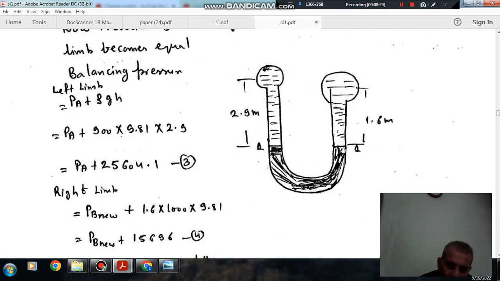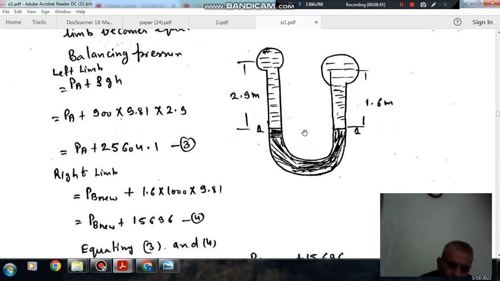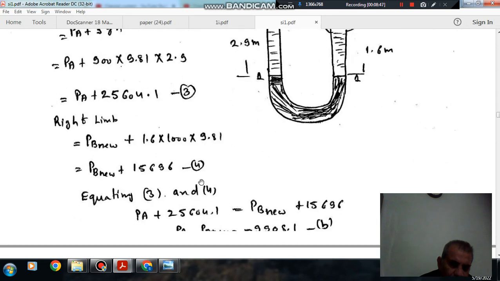We are changing pressure here so that this level becomes equal. On the right limb it will be PB new plus 1.6 into 9.81 into 1000. Because now the mercury column is at the same level in both limbs, there will be no pressure difference due to mercury.